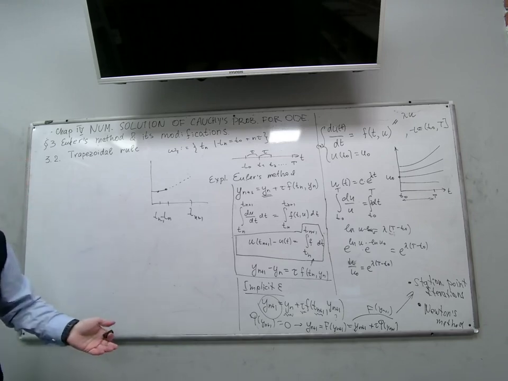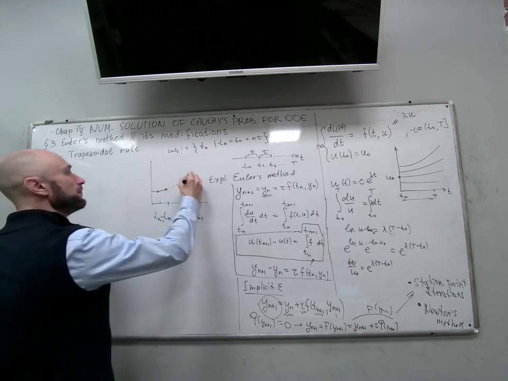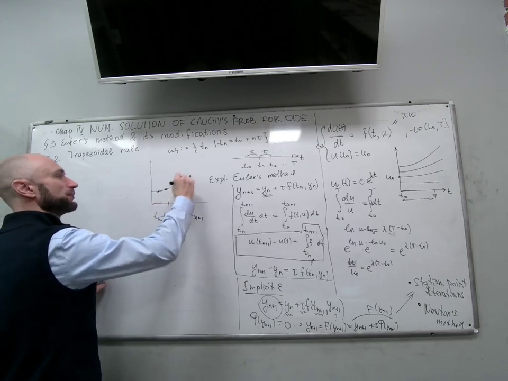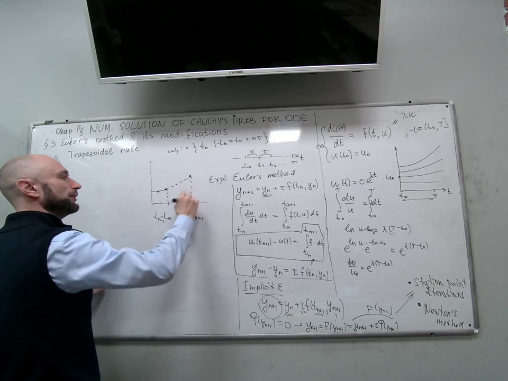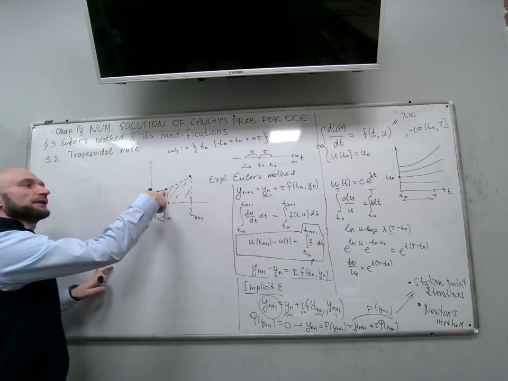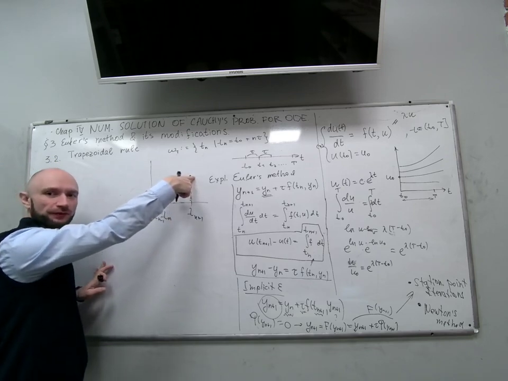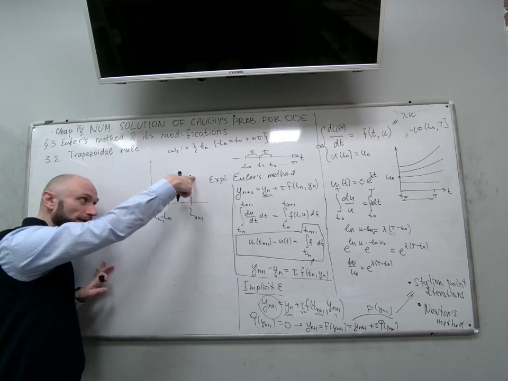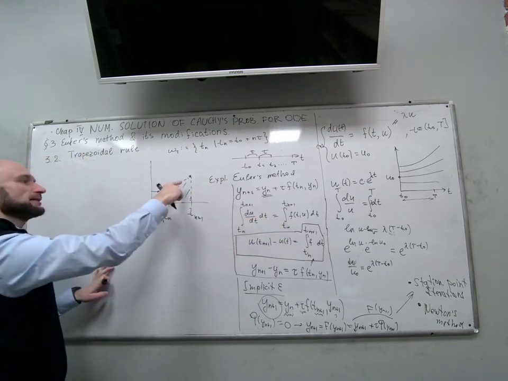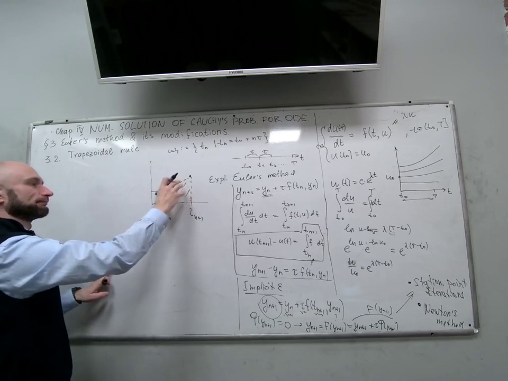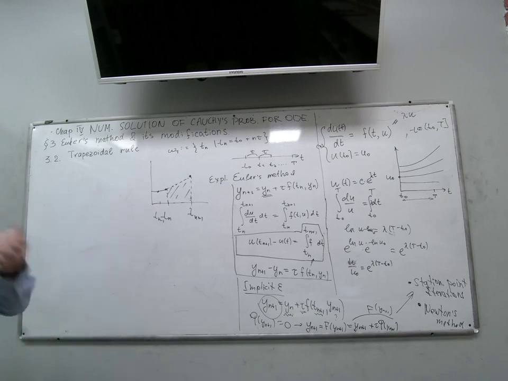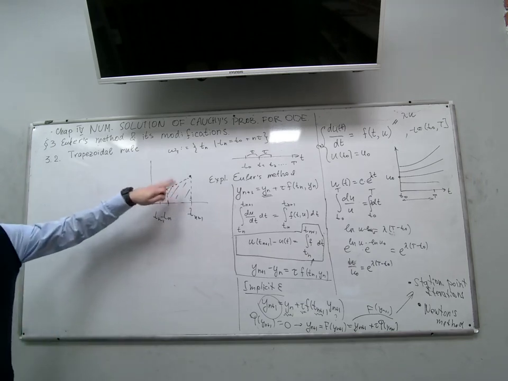Trapezoidal rule. Do you remember? So we don't know the integral, but we can approximate it with a trapezoid. This part, right? So take the value of the function here, take the unknown value of function f here, and compute, or at least write the formula to compute the area.